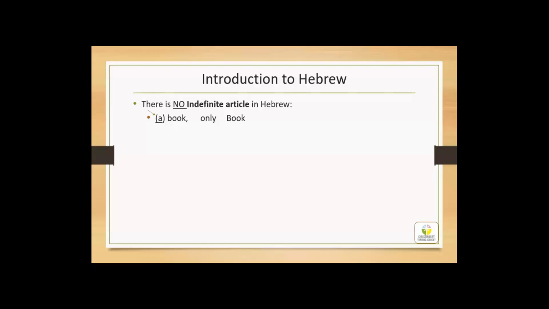But in Hebrew, I will say to you, I give book. Very good. Only book. I give book. And so it is, I drive car. I don't drive a car.